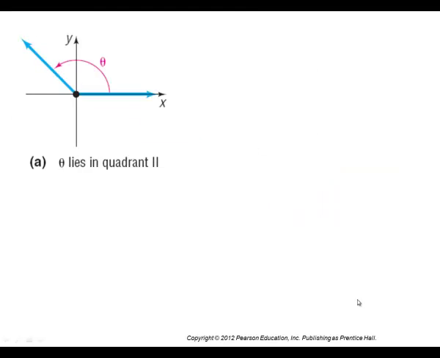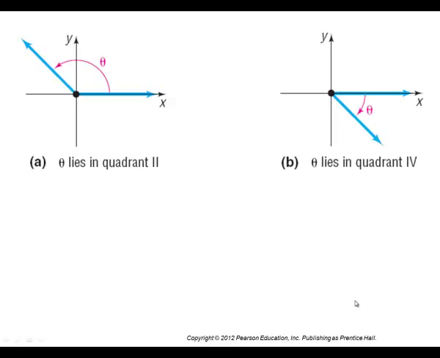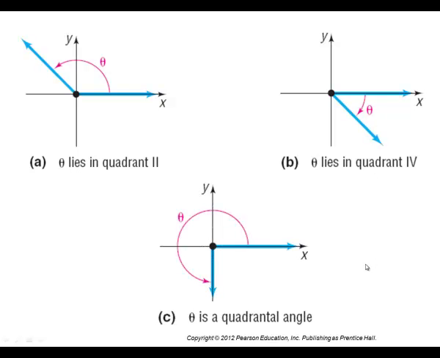In this case, theta lies in quadrant 2. Here it's in quadrant 4. And when we have theta ending up on either an x or y axis, it's a quadrantal angle.